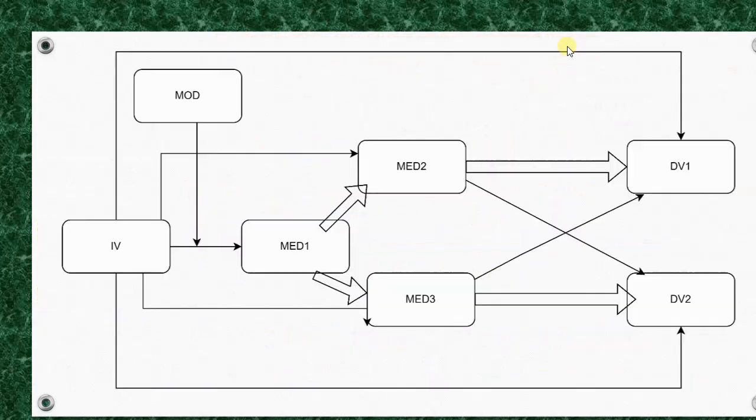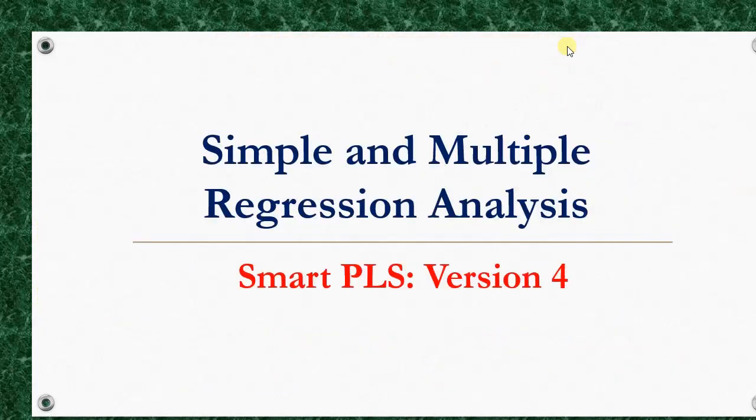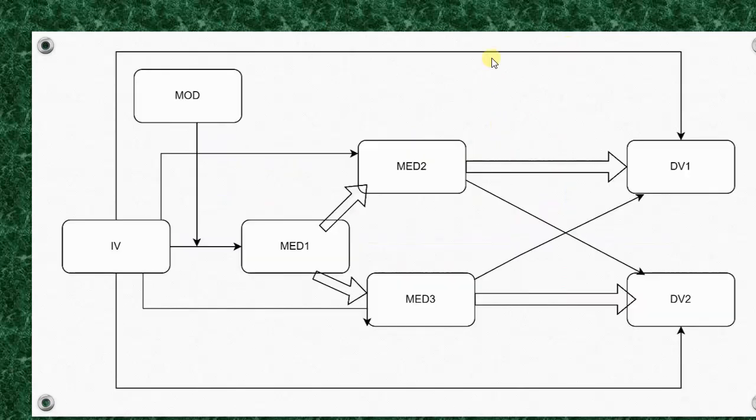In this video, I am going to explain how we can perform simple and multiple regression analysis in the SmartPLS 4 version. Here I have my base model that I have discussed with you in detail in my last videos, in which we have performed confirmatory factor analysis.